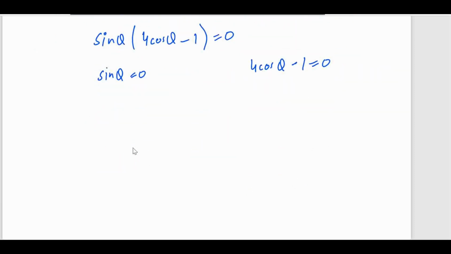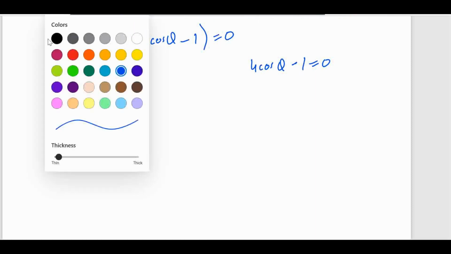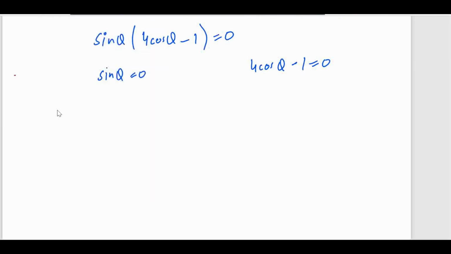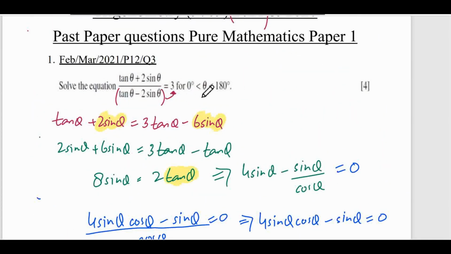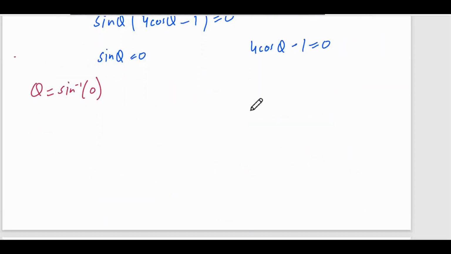Now from here we will have the values like, if we simplify it, so theta will be equals to sine inverse of 0. Let me check that the range is in degree, so it means that our calculator must be in the degree mode.